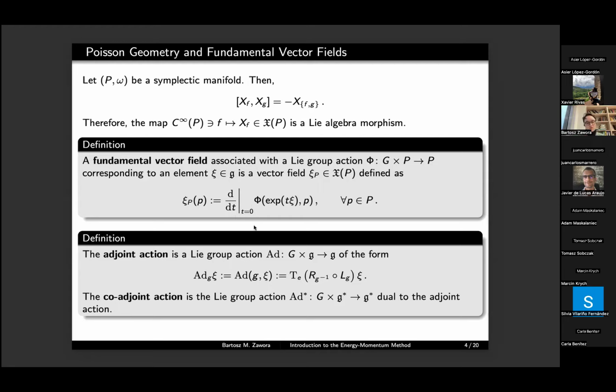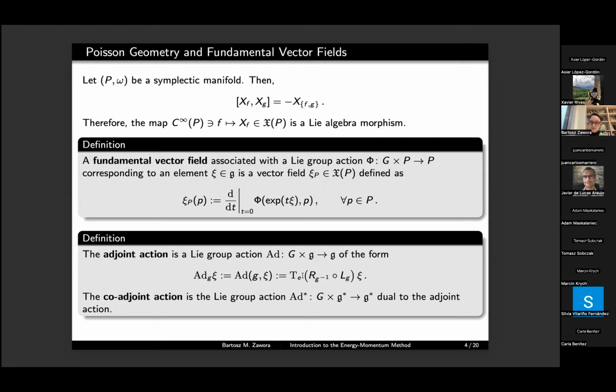We will also be interested in symplectic momentum maps that are so-called Ad-equivariant. I will move to that later. But to define it, we need the definition of an adjoint action. It's a Lie group action on a Lie algebra g of the following form.